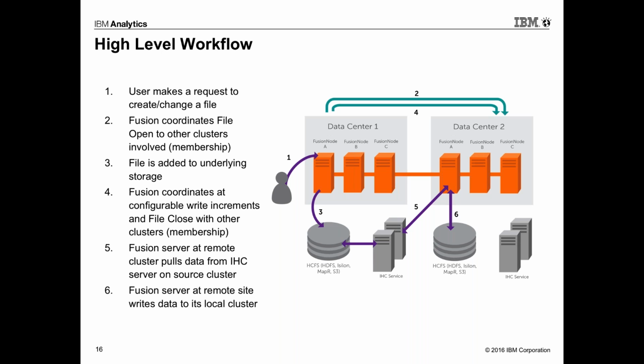You have a user sending the write request, then the Fusion server will intercept that request, coordinate that with the remote zones, and then do the actual write on the local file system. The IHC server will read that and stream it over to the remote cluster, and BigReplicate allows you to do this whether it's active, meaning any request, whether from data center 1 or data center 2, goes both ways. So it's bidirectional.